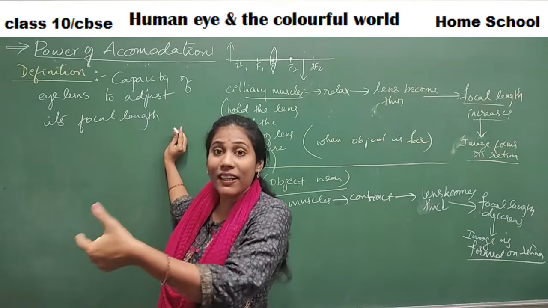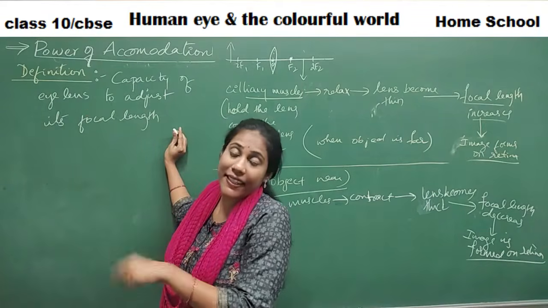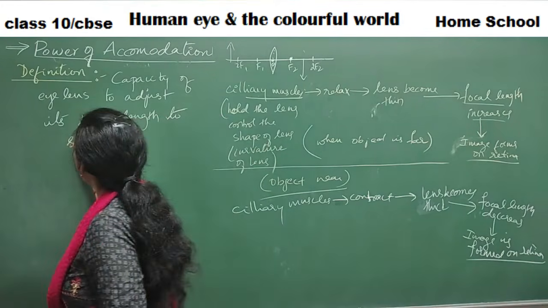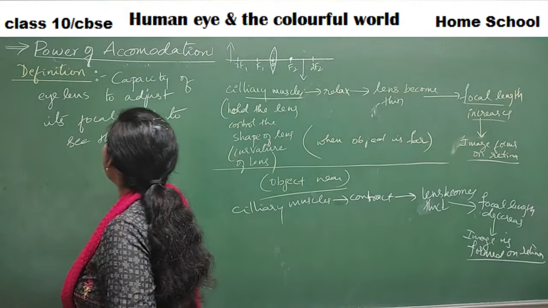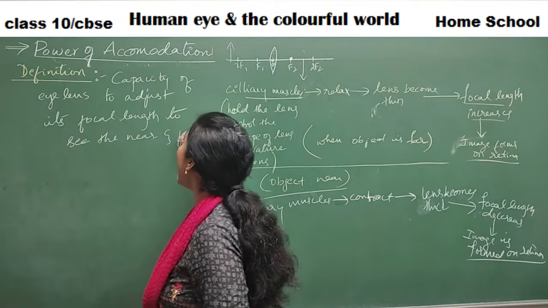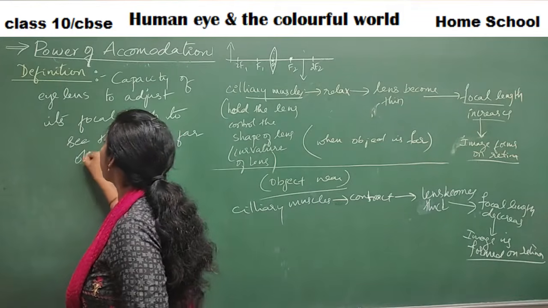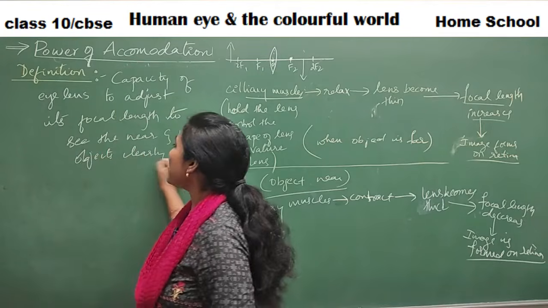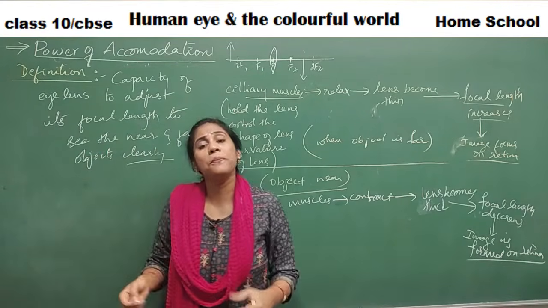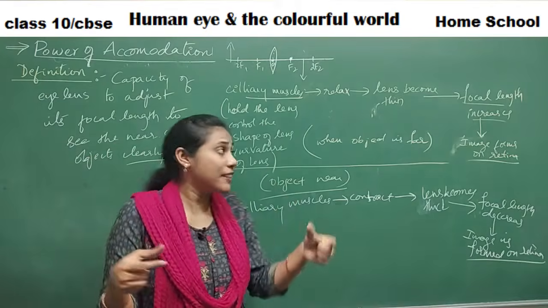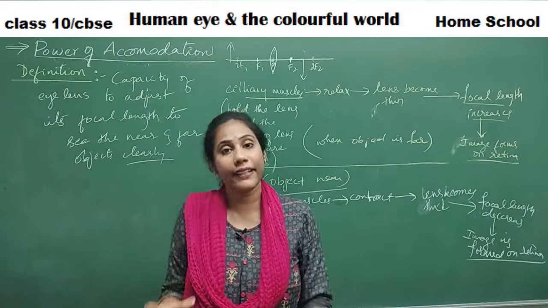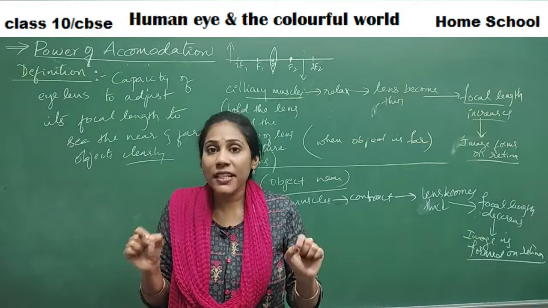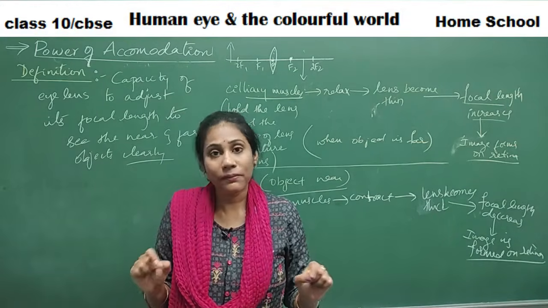Why is the lens's focal length getting adjusted? It is to see the near and far objects clearly. You can see the objects clearly only when their images are forming on the retina, because from the retina information is carried to the brain, right?